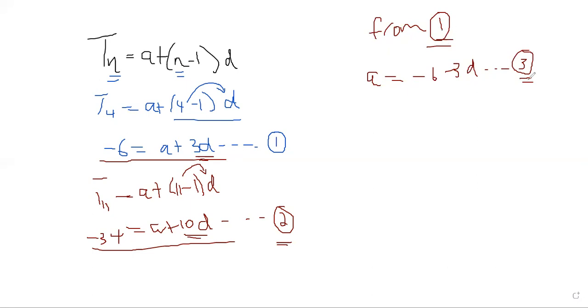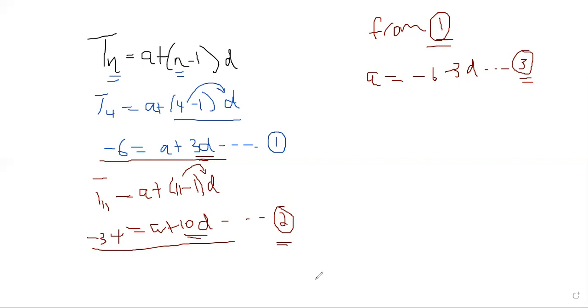So we have to substitute equation 3 in equation 2. I hope I'm not confusing you. If the case was that we deduced equation 3 from equation 2, we would substitute equation 3 in equation 1, right? So the aim is you don't substitute it back to where you deduced it from or where you took it from, right?